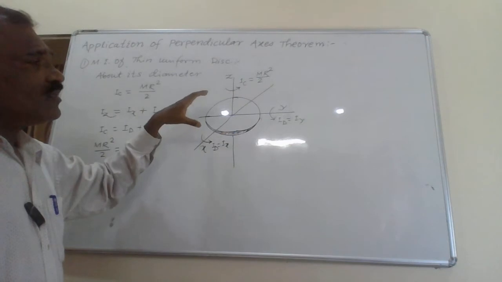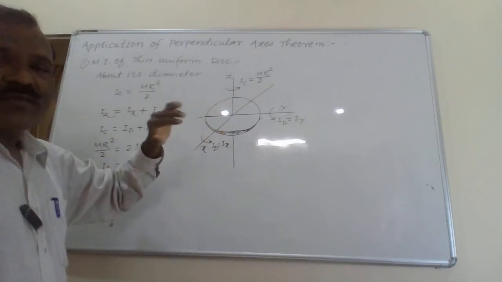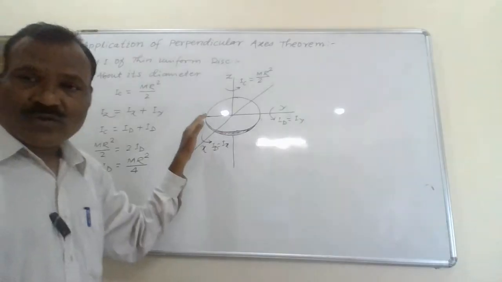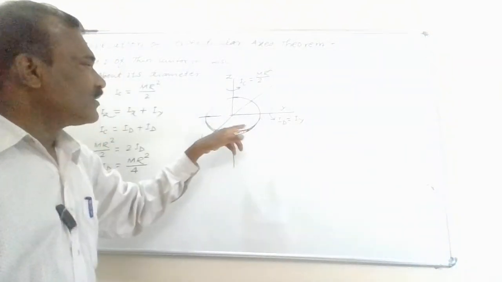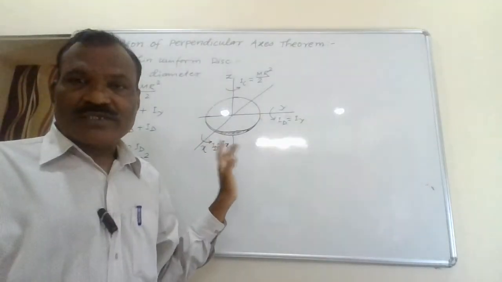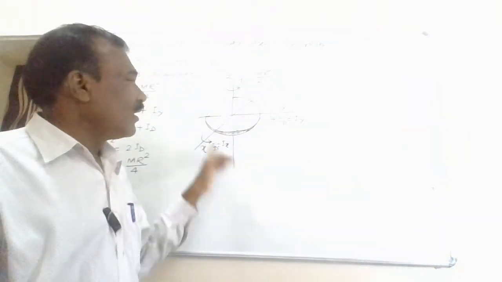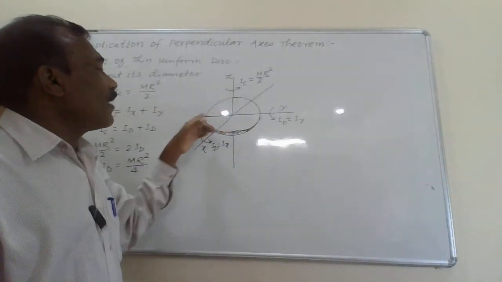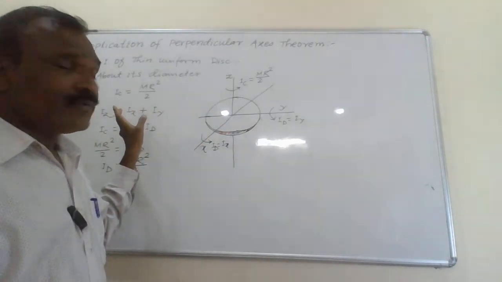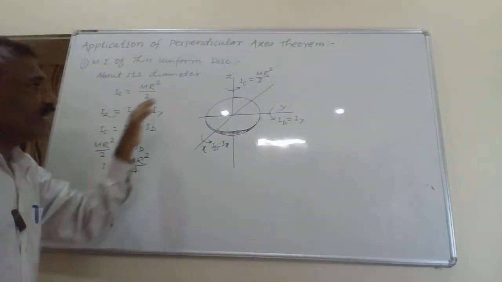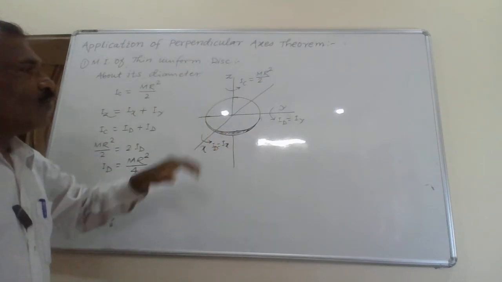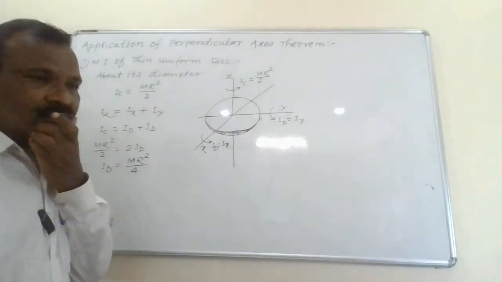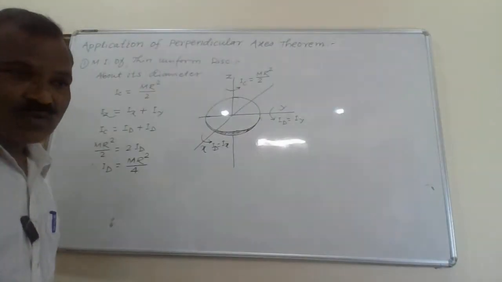Now consider the two axes x and y lying in the plane of the disk and perpendicular to each other. By applying the perpendicular axis theorem directly, the moment of inertia about the z axis is equal to the moment of inertia about the x axis plus the moment of inertia about the y axis, the addition of these two.